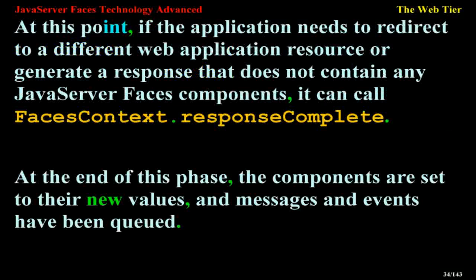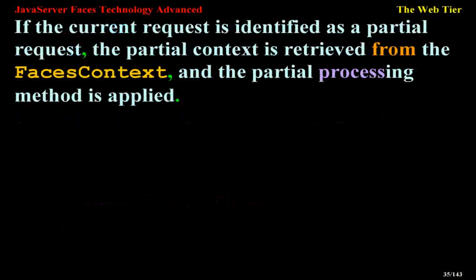At this point, if the application needs to redirect to a different web application resource or generate a response that does not contain any JavaServer Faces components, it can call FacesContext.responseComplete. At the end of this phase, the components are set to their new values, and messages and events have been queued. If the current request is identified as a partial request, the partial context is retrieved from the faces context, and the partial processing method is applied.